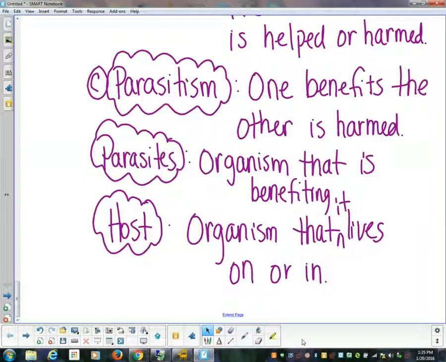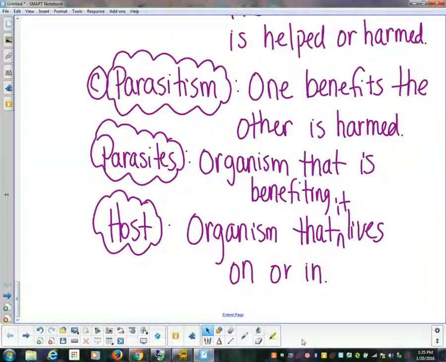Predation is another way that they interact with each other. This is where one organism kills another. And so we introduced the terms predator and prey. We said that if you decrease prey, the predator population is going to go in the opposite direction, and vice versa. Then we looked at symbiosis, and we said that there are three different types: mutualism, commensalism, and parasitism.